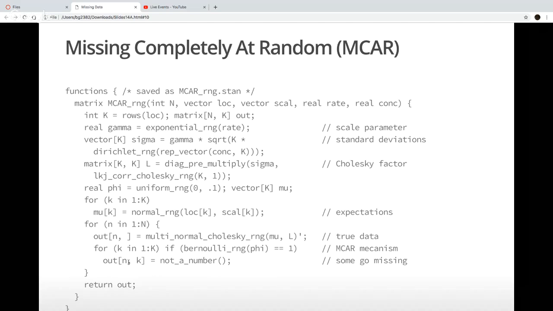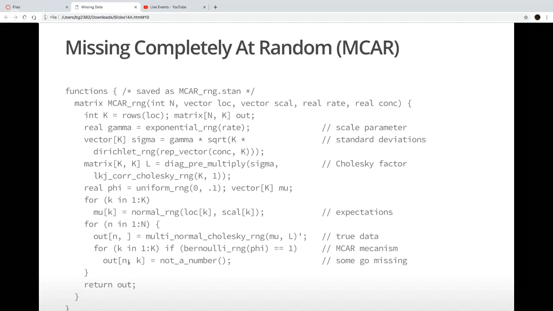But the probability of getting a missing value just depends on phi, it doesn't depend on anything else, not the data or anything like that. Just one parameter that's independent of everything else makes this data generating process consistent with the missing completely at random assumption, or MCAR.